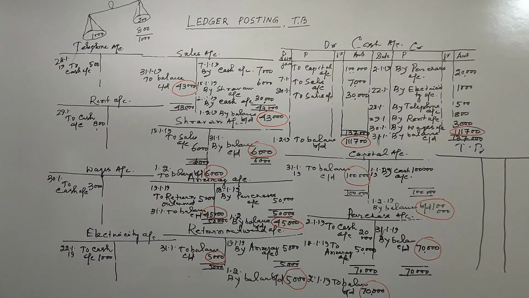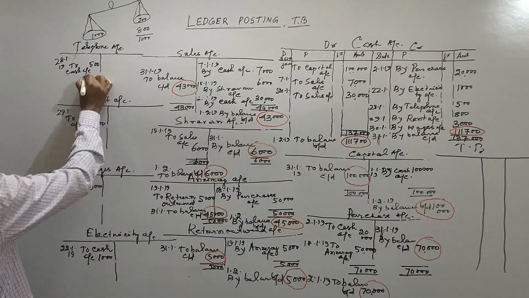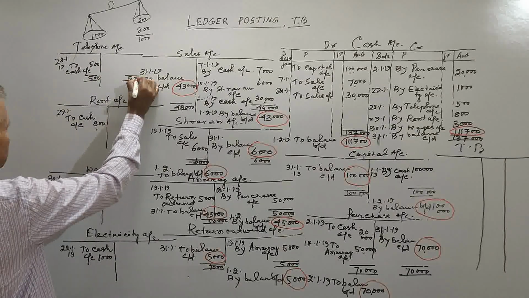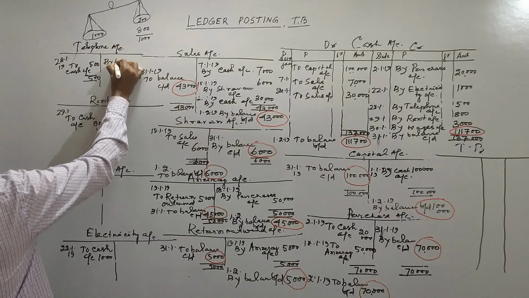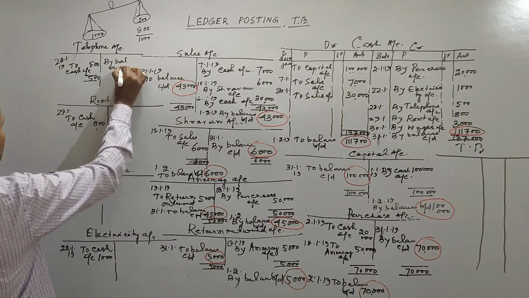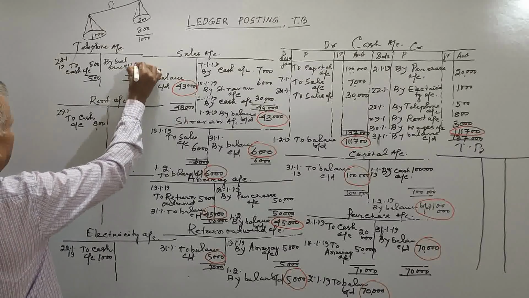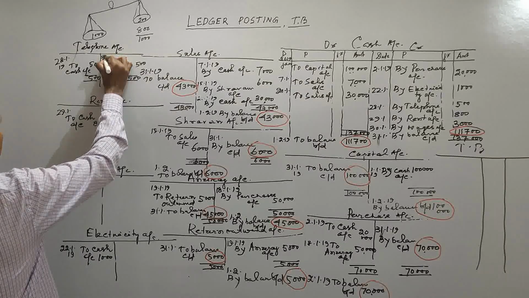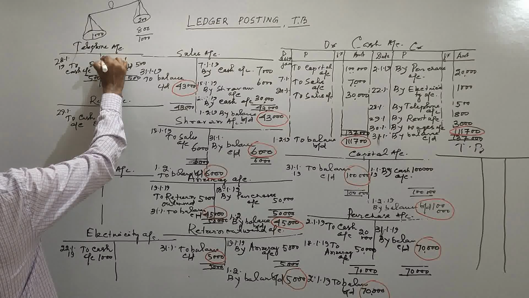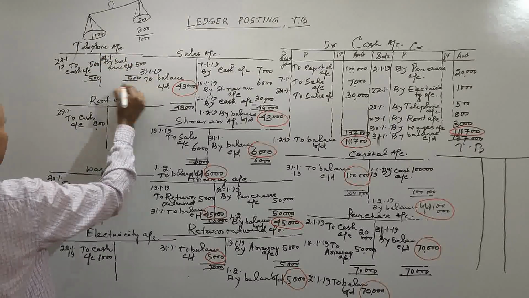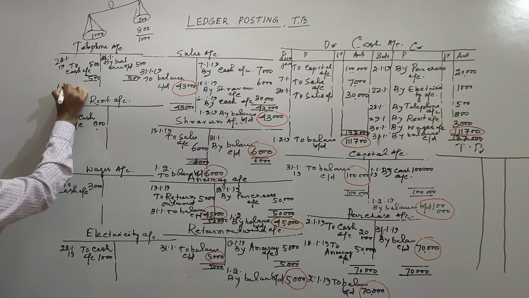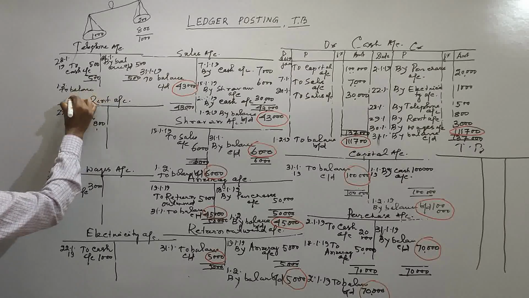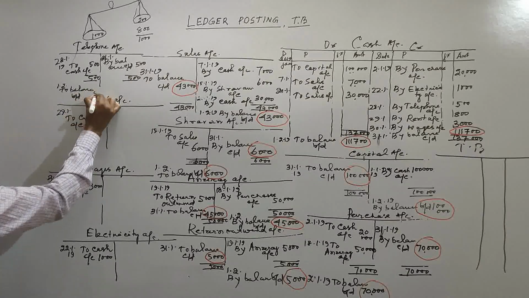Now telephone, this is only 500. Let us write here 500 also, and by balance CD 500, 31, and this will be 1/2 to balance BD 500.